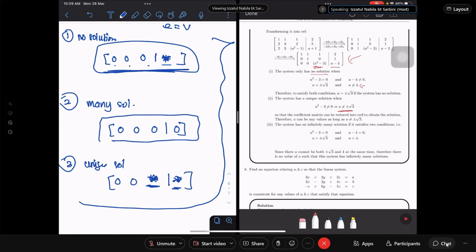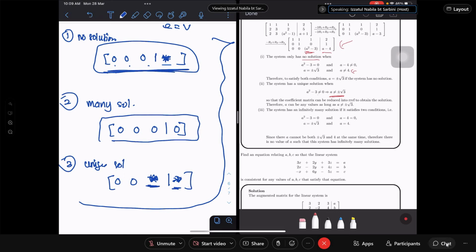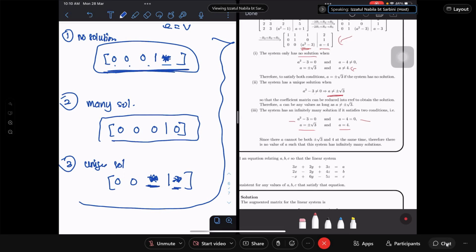Okay, for many solutions, we want it to be all zeros. So a minus a squared plus 3 equals 0 and a minus 4 equals 0. So you have choices of a equals plus minus root 3 and a equals 4. Is it possible to have a equals plus minus root 3 and a equals 4? Is it possible to be simultaneous?